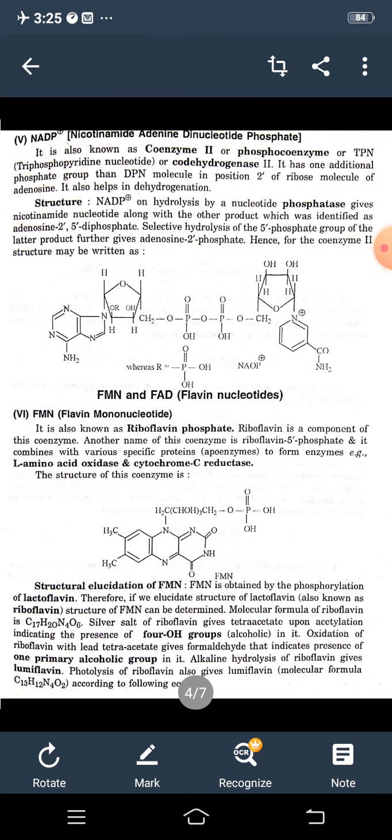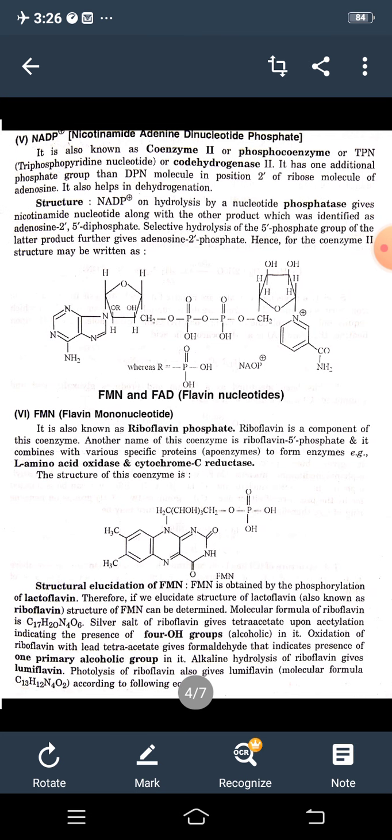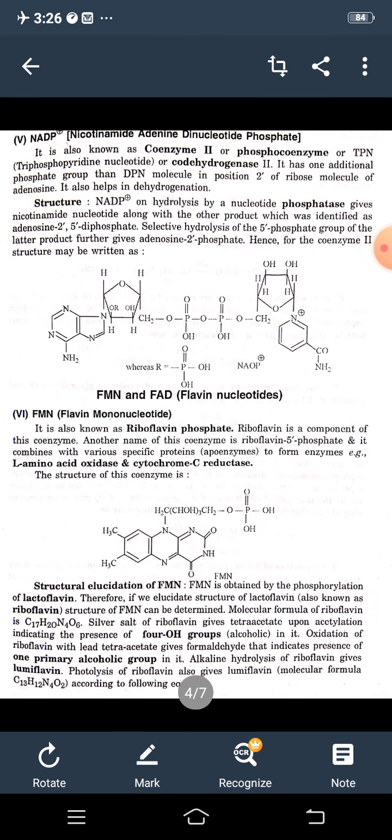The silver salt of riboflavin gives tetraacetate upon acetylation, indicating the presence of 4 alcoholic hydroxyl groups in it. Oxidation of riboflavin with lead tetraacetate gives formaldehyde, that indicates presence of 1 primary alcoholic group in it. Alkaline hydrolysis of riboflavin gives lumiflavin. Photolysis of riboflavin also gives lumiflavin.